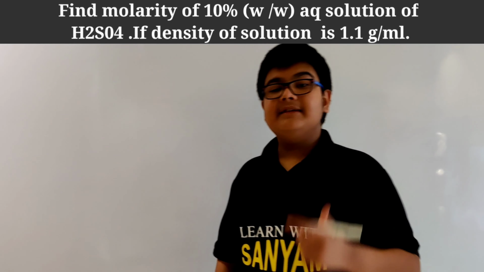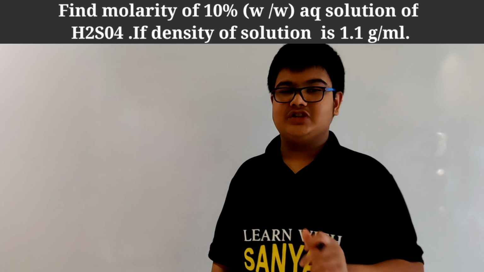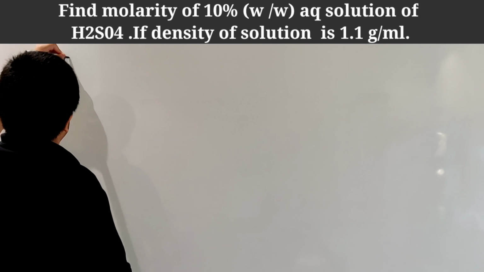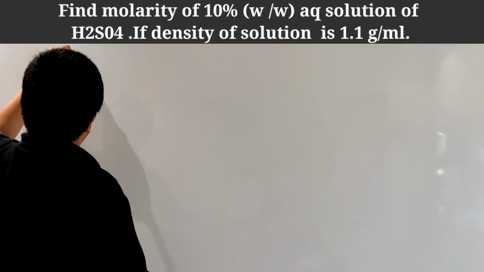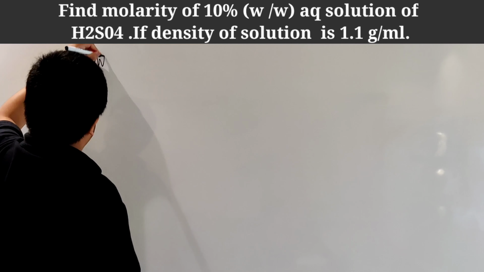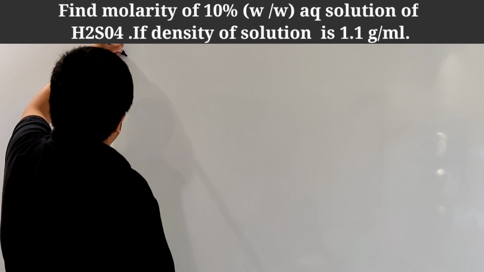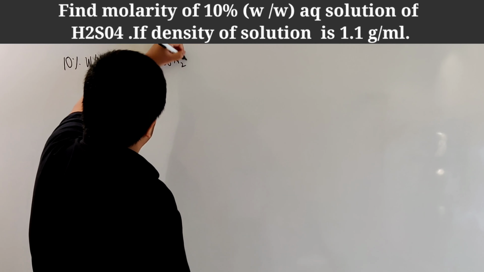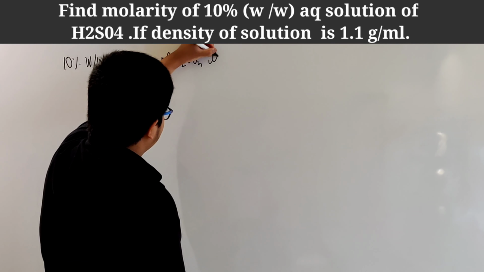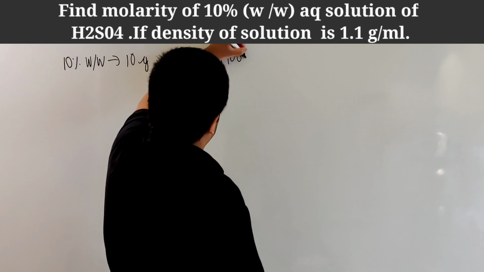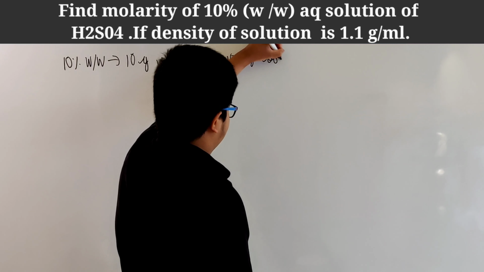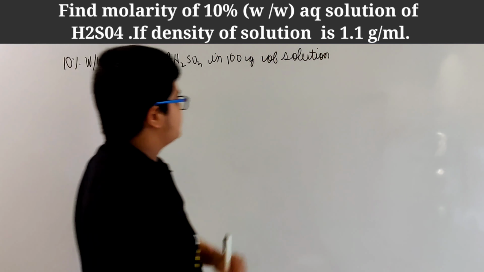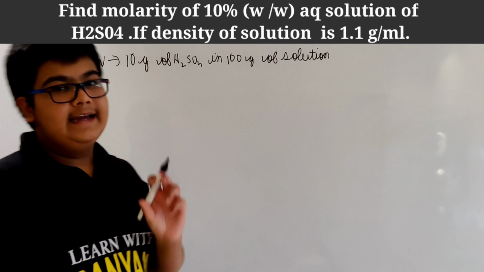First let's write what 10% weight by weight solution means. 10% weight by weight solution means that there are 10 gram of H2SO4 in 100 grams of solution. So in 100 grams of solution, there will be 10 grams of H2SO4.